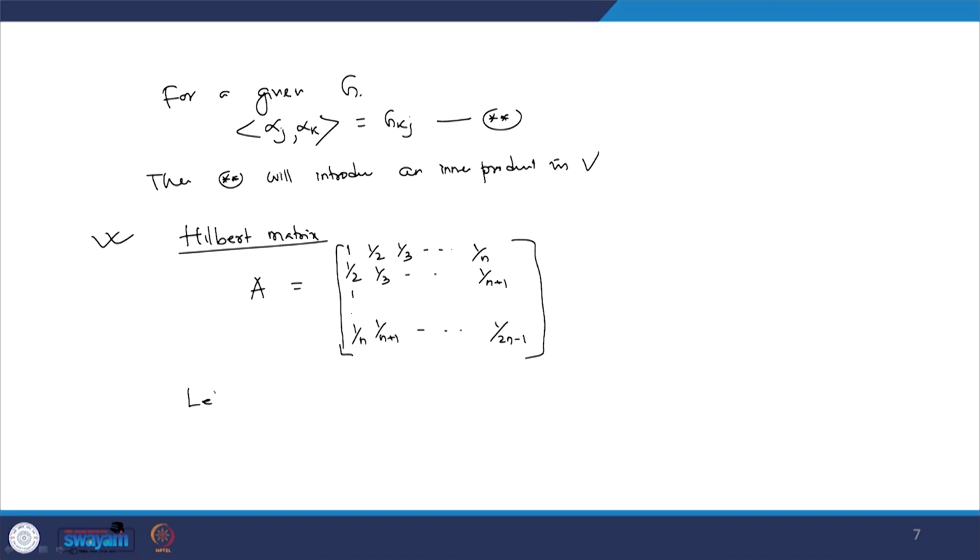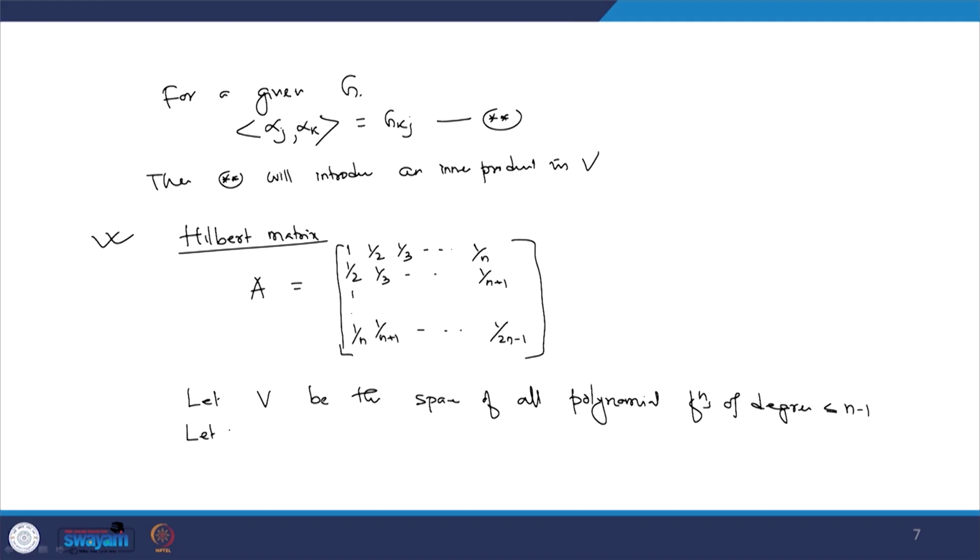Let V be the space of all polynomial functions of degree less than or equal to n minus 1.